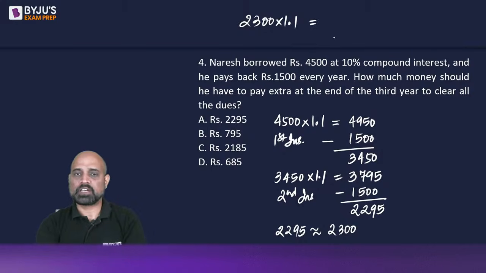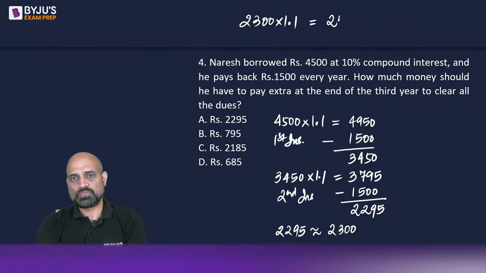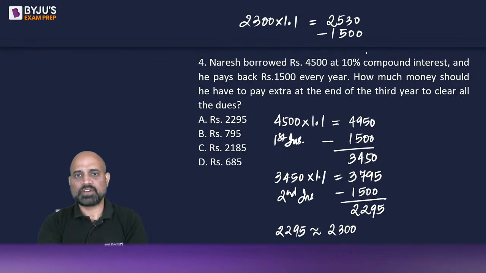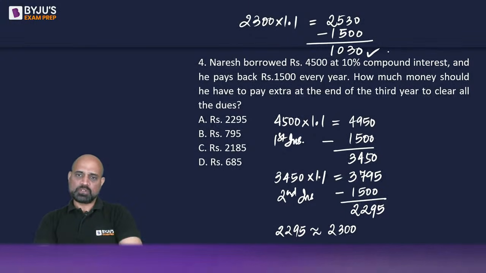So this will become 2,300 plus 230, which is going to be 2,530. Now what he does here is he pays the third installment, which is 1,500. So this is going to become 1,030. So this is the remaining amount that he has.